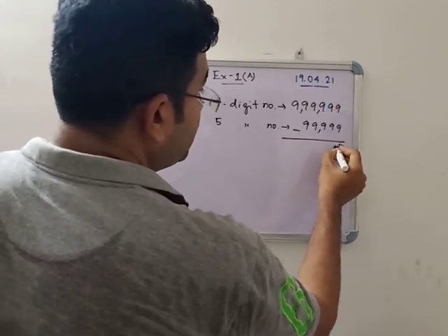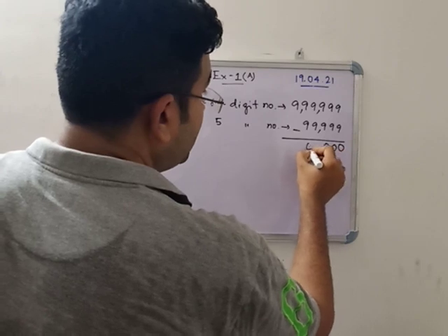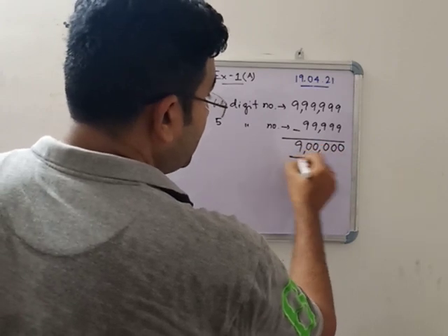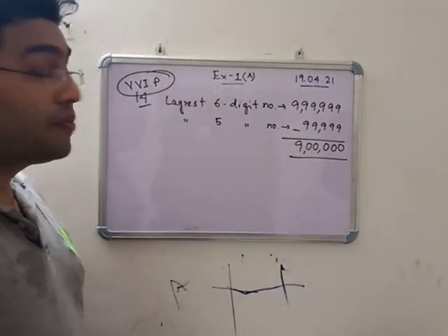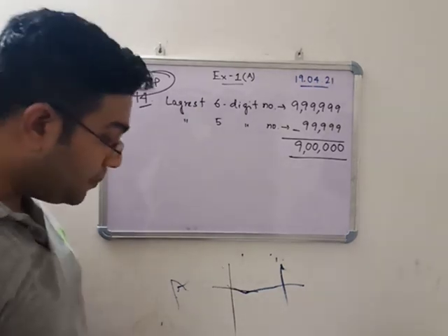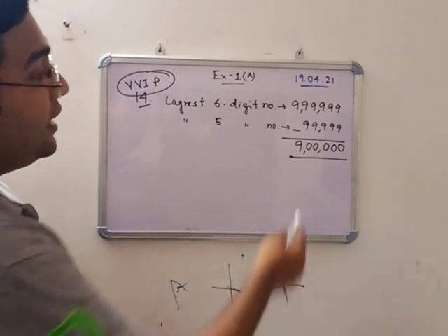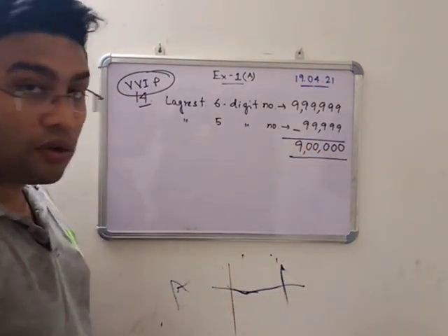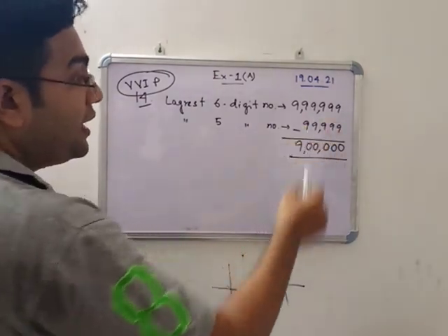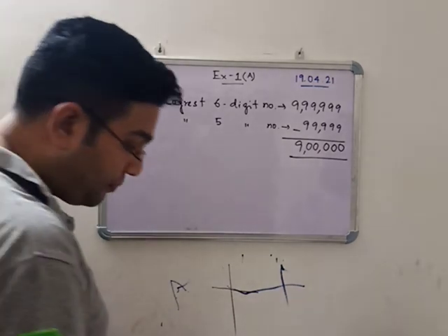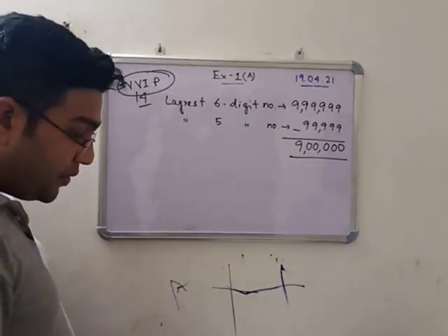Subtract it. This is the answer. So the number of 6 digit numbers is 9 lakh.